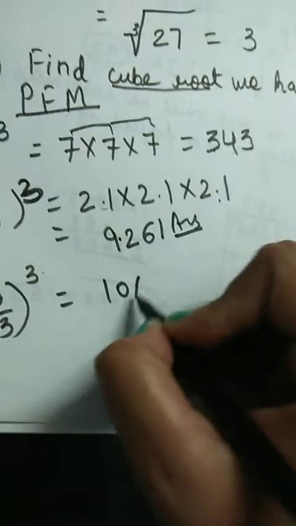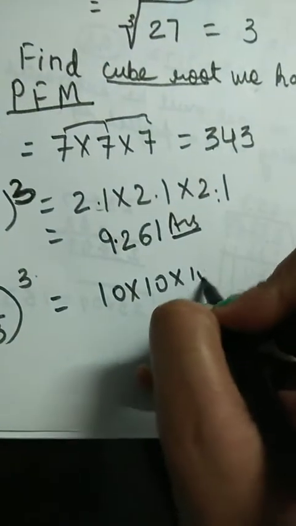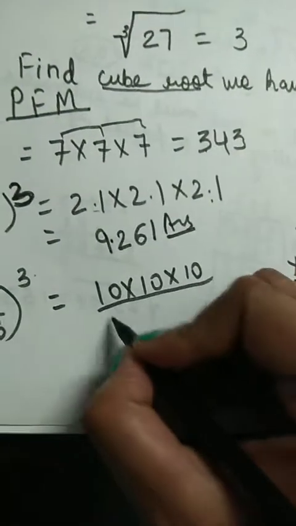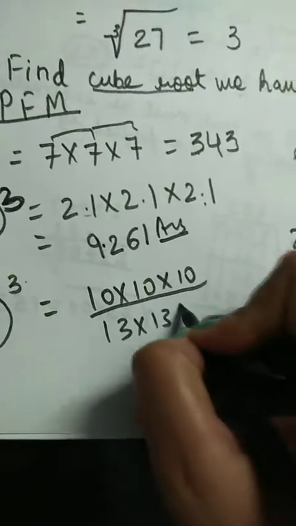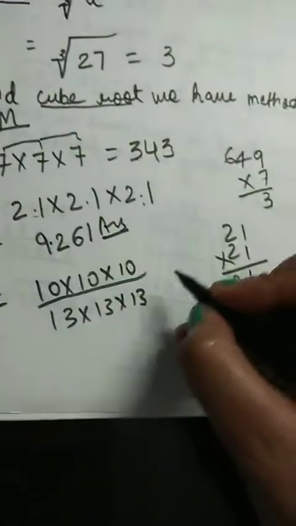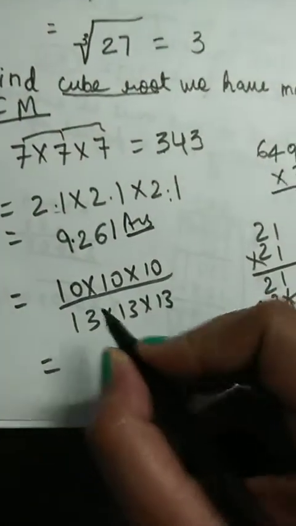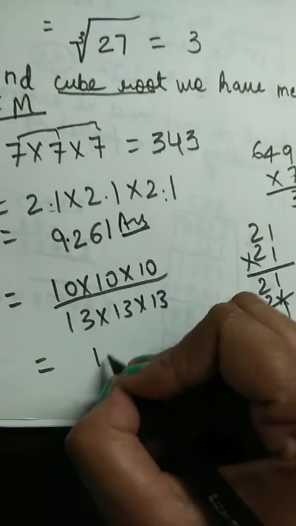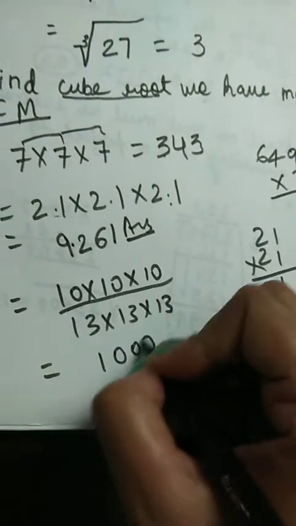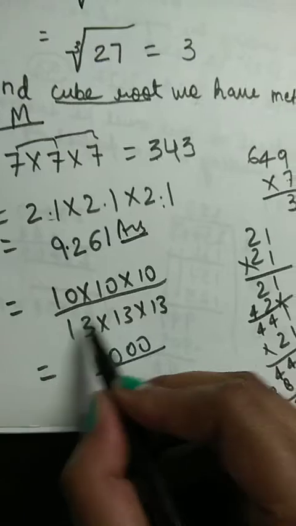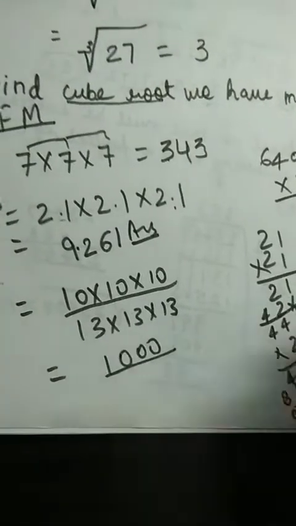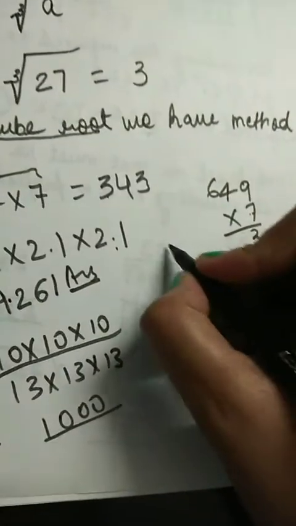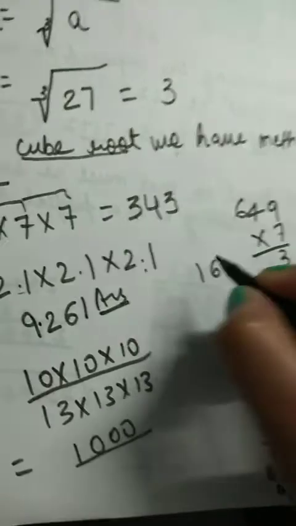So 10 into 10 into 10 upon 13 into 13 into 13. Now 10 into 10 into 10 will be 10 tens are 100, and 100 into 10, that is 1000. And we know that the square of 13 is 169. Now we will multiply 169 with 13 once again.